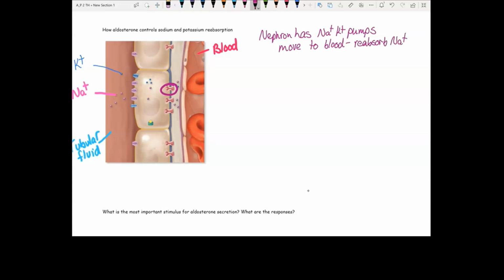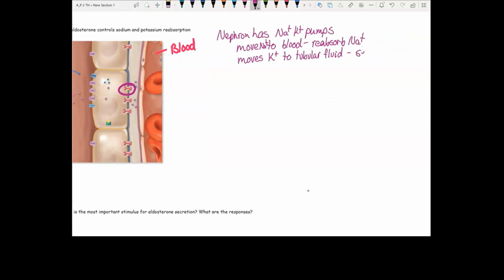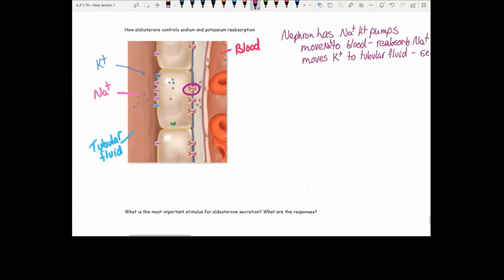Potassium goes in the opposite direction. So it moves potassium to the tubular fluid. So this is secretion. You're going to take it out of the blood and put it in the tubular fluid.